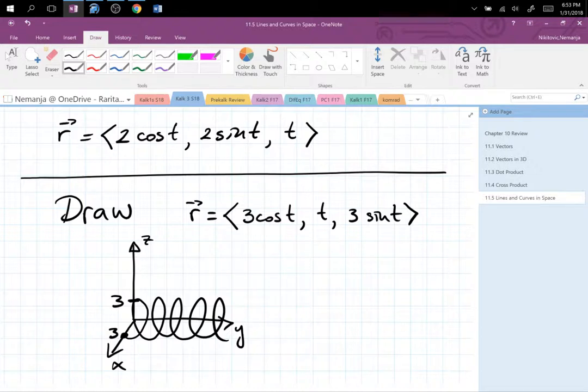Quick question. If all of them were trig functions in the front, like 3 cosine t, 3 sine t, and 3 cosine t, would that be a sphere? That is a sphere.